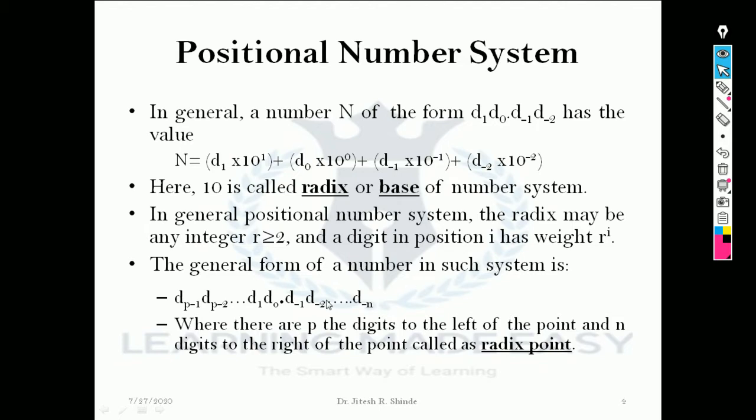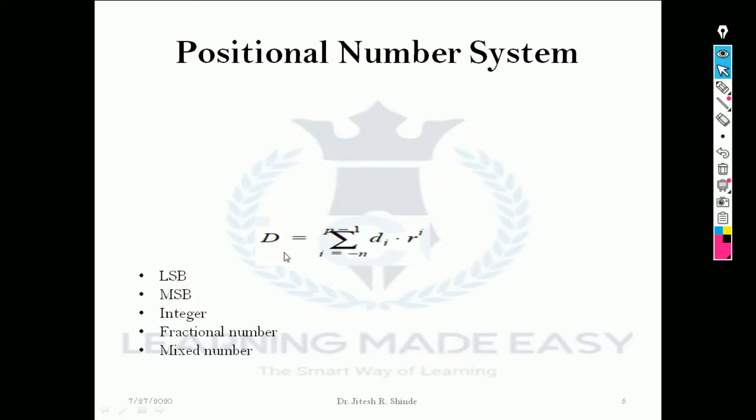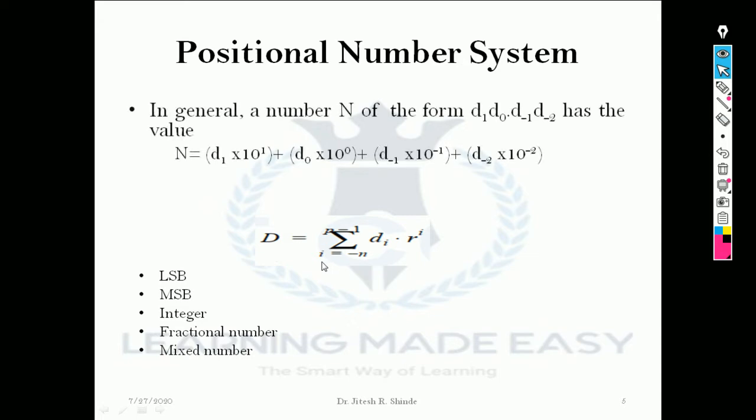This point here is called the radix point, where there are p digits to the left of the point and n digits to the right of the point. From this formula, the generalized formula can be framed as capital D is equal to summation i equals -n to p-1.